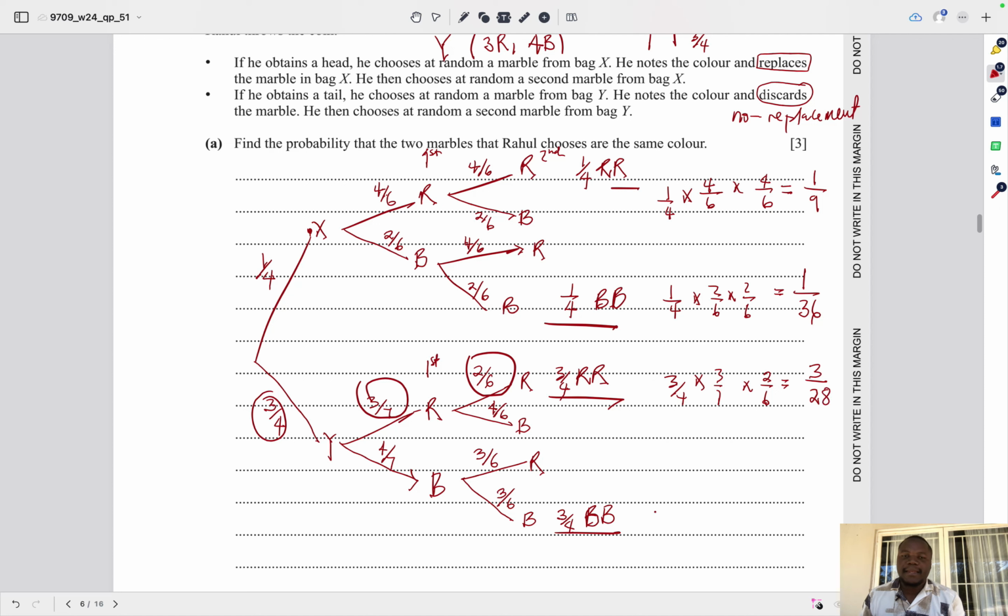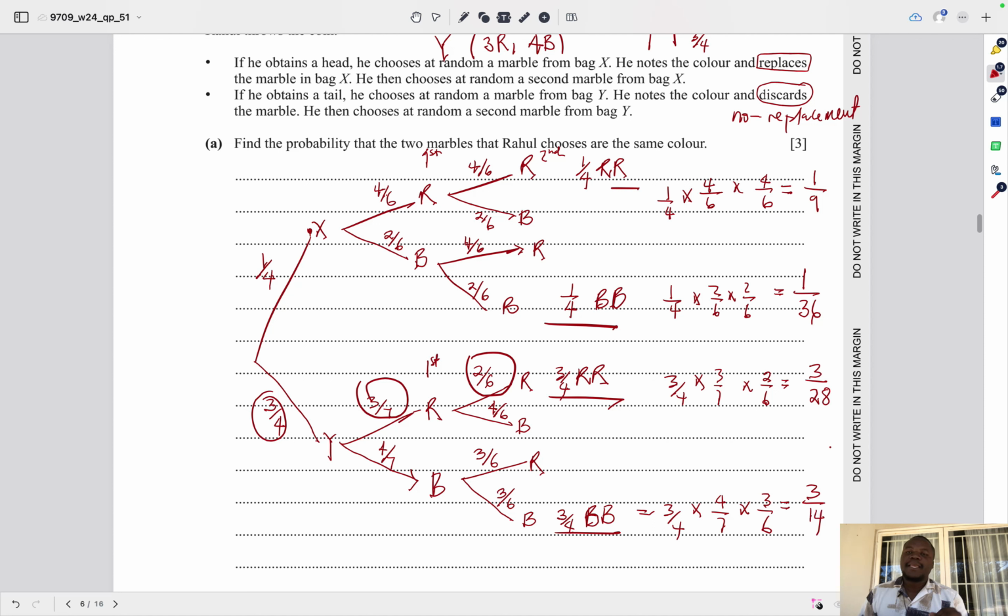Okay, then here we've got BB, but it's coming from bag Y, which has probability of 3/4. So this means 3/4 times B is 4/7, and then times 3/6. What this gives us? So I'm going to do that again. 3/4 times 4/7 times 3/6, which gives us 3/14.